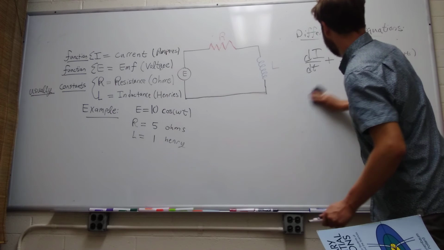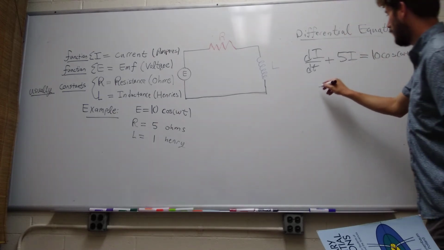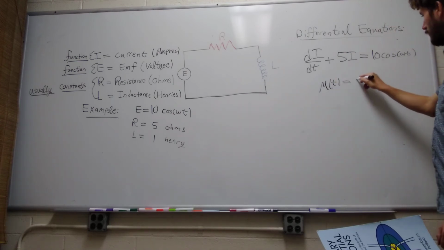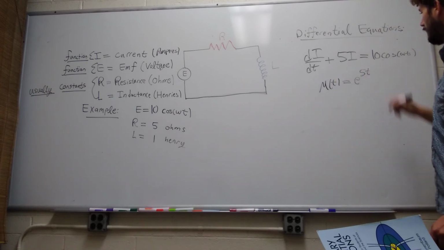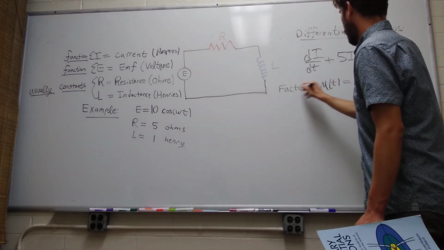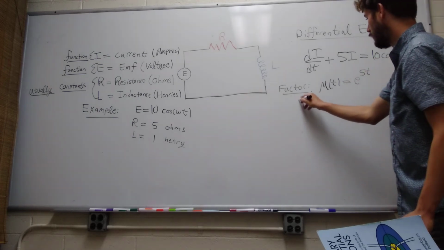So when we specify this integrating factor, it's e to the 5t. We need to multiply both sides by this factor.